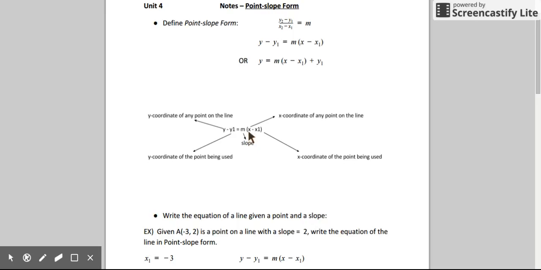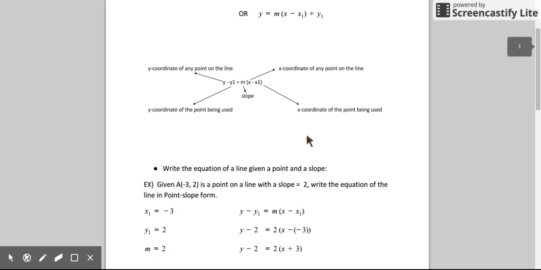Similar to the front part here, x by itself is going to represent an x coordinate of any point on the line. But x1 is going to specifically represent the x coordinate that we're going to use when we're given a point. So we're substituting these three spots, y1, m, and x1, and we're leaving y and x as letters after we substitute. Let's see how to do that.